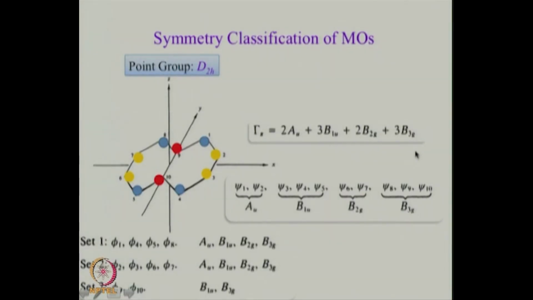So I can tell right from there that B1U plus B3G is going to be the symmetry of phi 9 and phi 10, and each of the other sets will be AU plus B1U plus B2G plus B3G. So this much is done. What is the next step? The next step is to use the appropriate projection operator to generate the symmetry adapted linear combination. That is what we will take up in the next module.